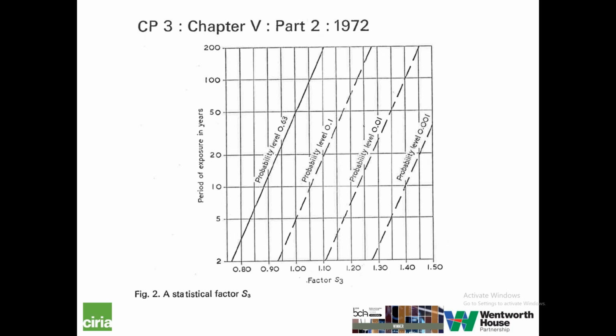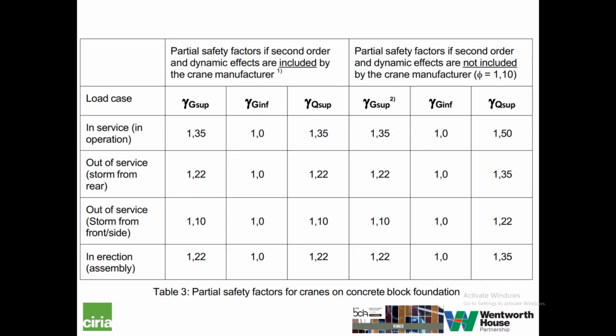However, a tower crane is categorized as consequence class 2 and therefore does not attract a typical reduction in wind loading. However, there is a complication in that tower crane wind loads are defined over 25 years, not 50 years.